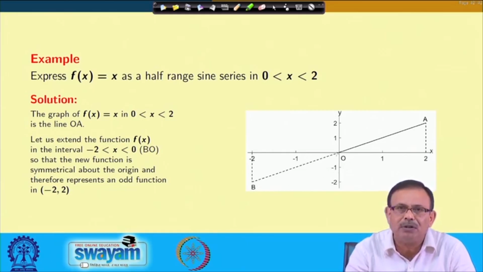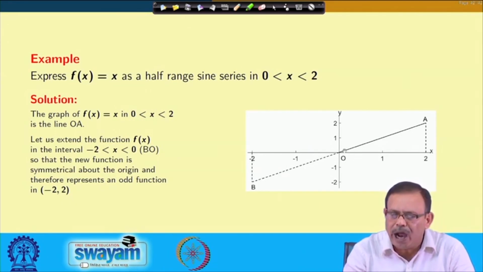Please note this one. We are making it in such a way, since we are finding out the half range sine series. So, we will make it symmetric with respect to origin, and therefore, this function will represent an odd function in minus 2 to 2. So, please note this one. Although the function is given as f x equals x in 0 to 2, and the graph of this is OA in this graph.